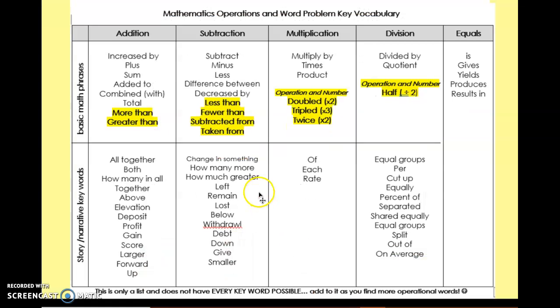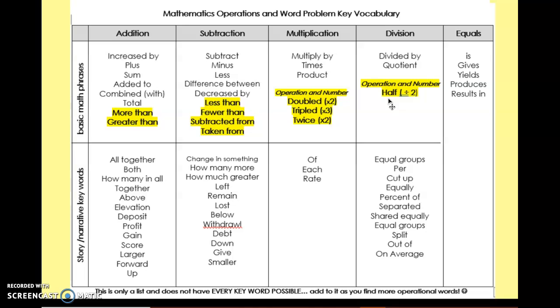So again, here are the keyword charts. They list words that mean a certain operation. For addition, if you see words like increased by, plus, sum, added to, combined with, or total, we are looking at addition operations. The yellow ones highlighted, we're going to talk about a little bit in this lesson. They have an additional implied meaning.